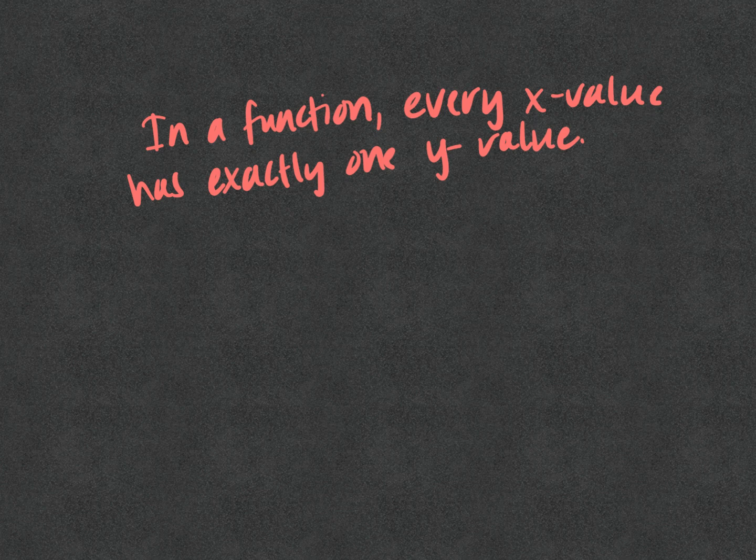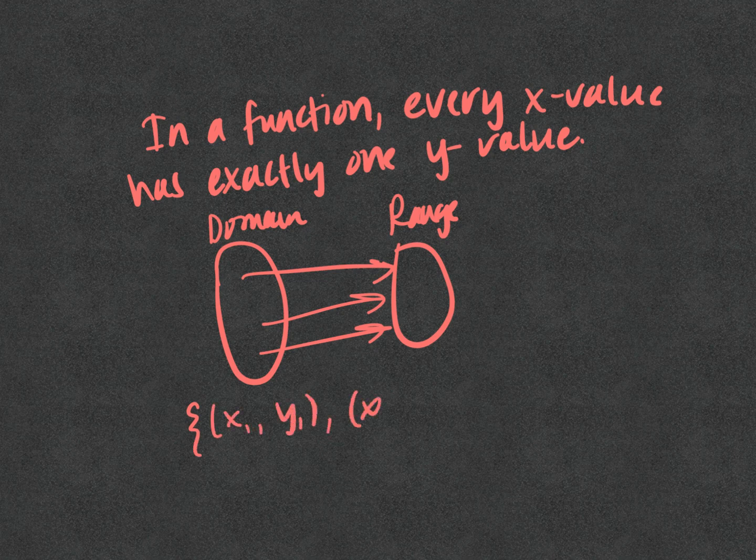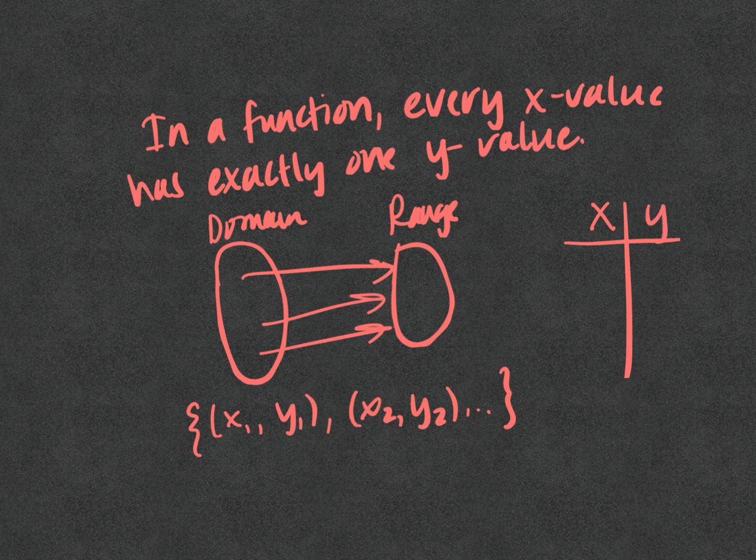Now, that means that if I'm looking at a mapping of domain and range, domain is the x values and range are the y values. So every x gets mapped to exactly one y. In a set of points, you'll have x values and y values, x2, y2, etc. Or in a table, you're going to look at the x values and the y values. So every x gets mapped to exactly one y.